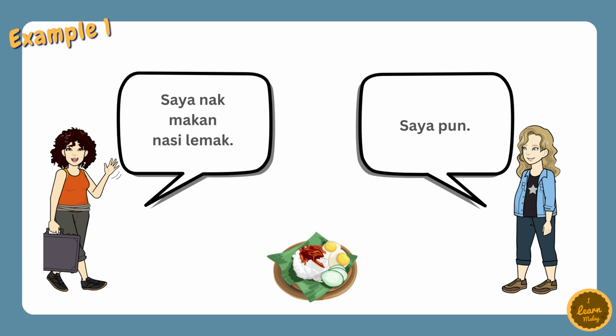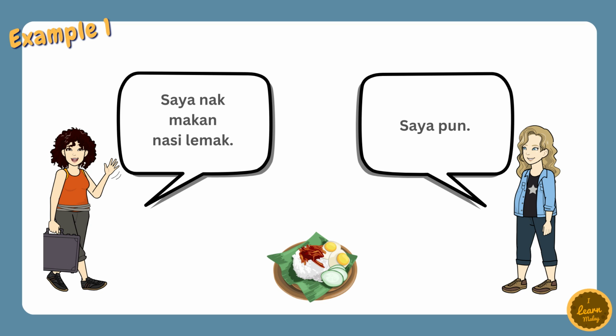Nasi lemak is a common dish in Malaysia for any time of the day. Basically, rice cooked in coconut milk and served with many condiments. In this picture, we have the spicy sauce, sambal, and then the boiled egg and also slices of cucumber.